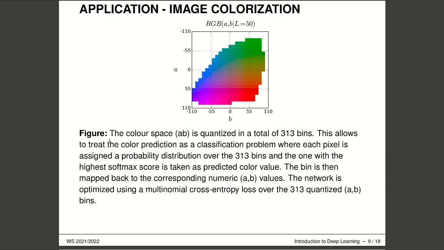And then we use the highest softmax score for the predicted color value. The bin is then mapped back to the corresponding A and B values, and here the network is optimized using multinomial cross entropy loss over these 313 bins.